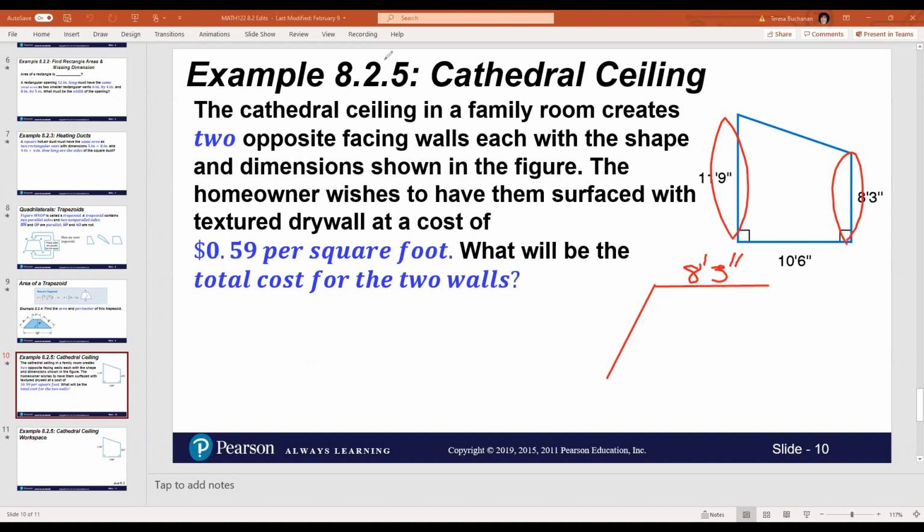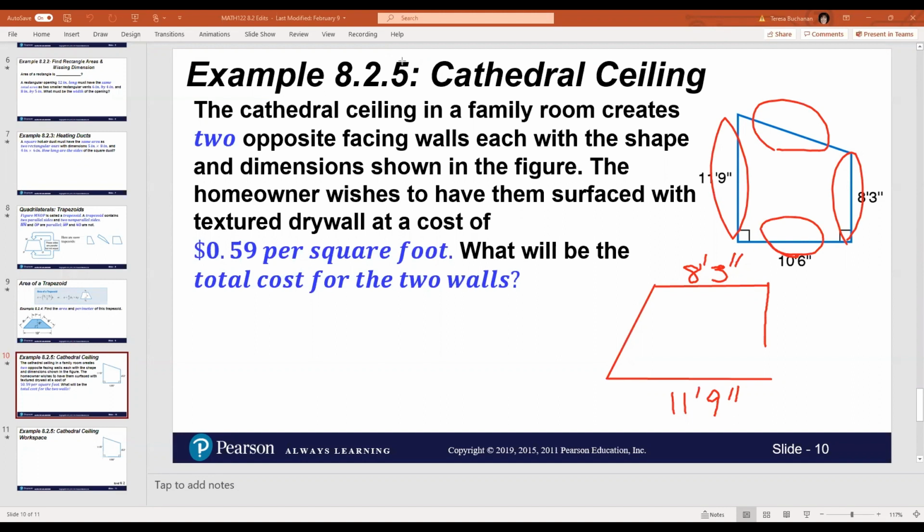The two parallel lengths are the two bases. So I have an 8-foot 3-inch base, and an 11-foot 9-inch base. And then I have the two other sides that are, again, not parallel. They don't have to be parallel.